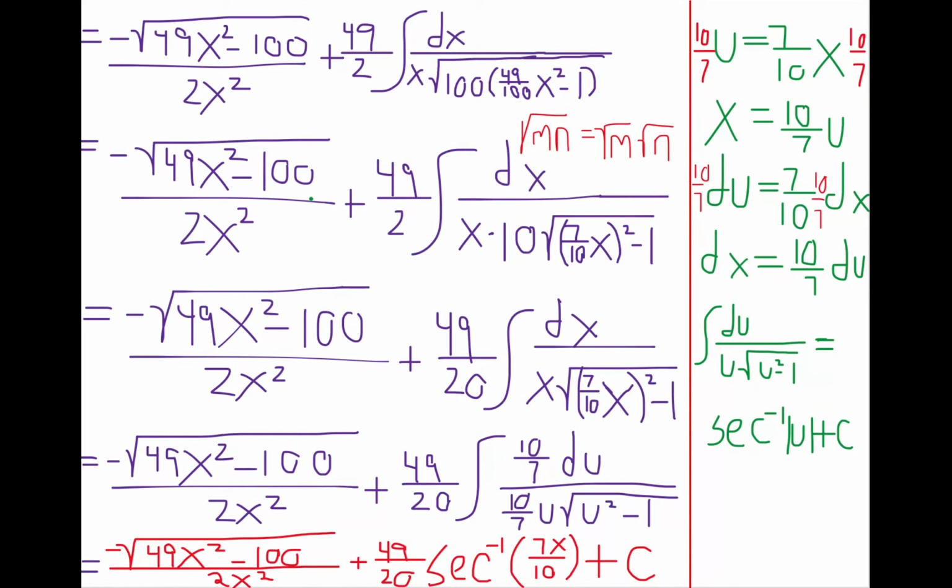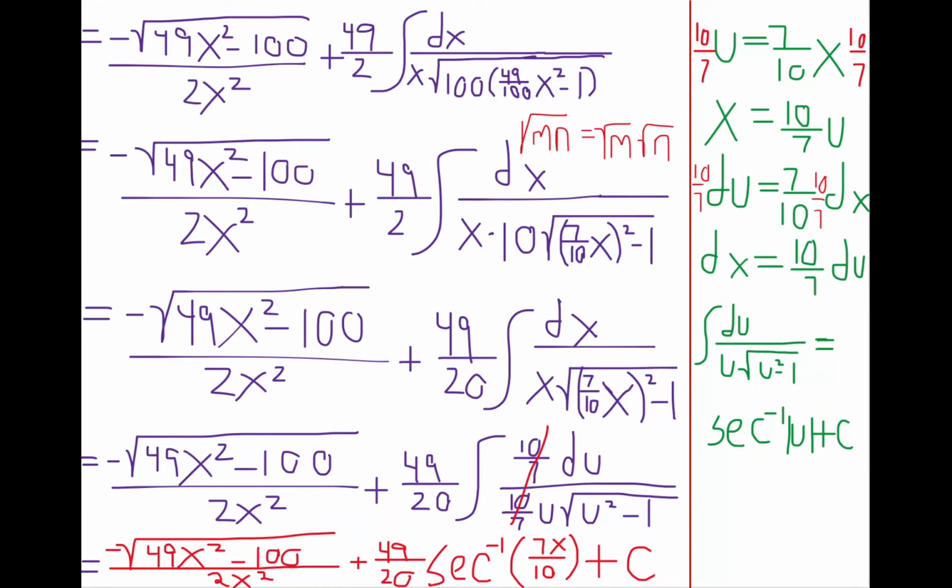Okay, so when we go ahead and finally finish our problem here, notice again, this doesn't change from here to here. Our 49/20 doesn't change. This 10/7, well, that appeared in the numerator and denominator, so that can be crossed out.